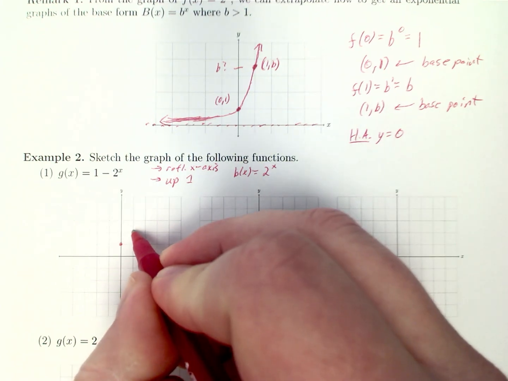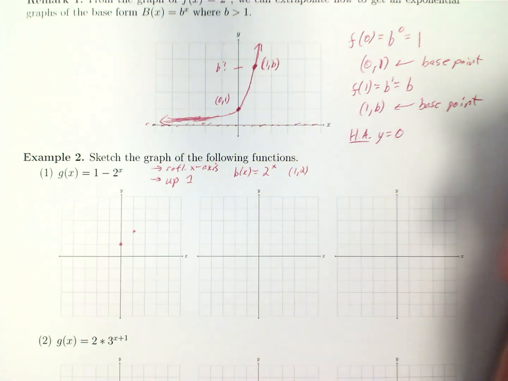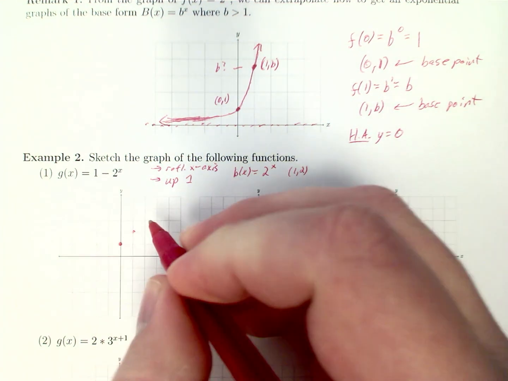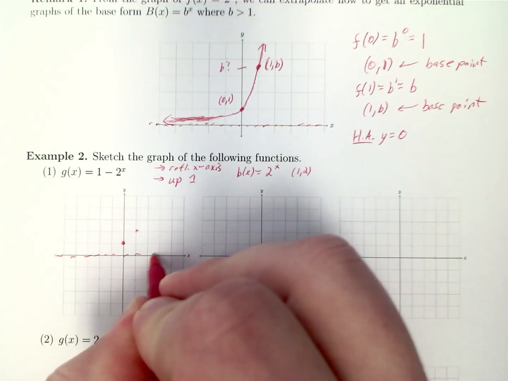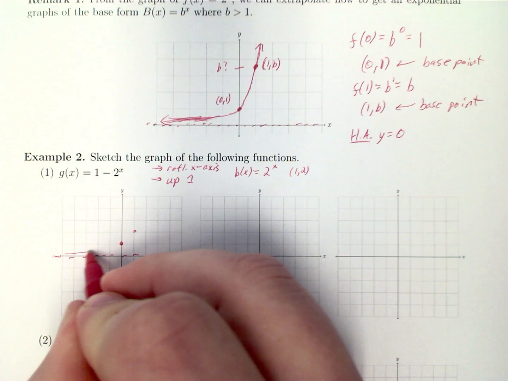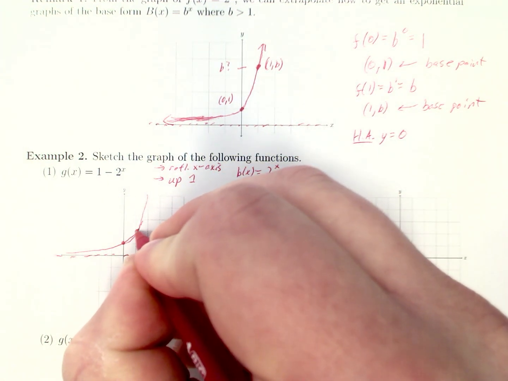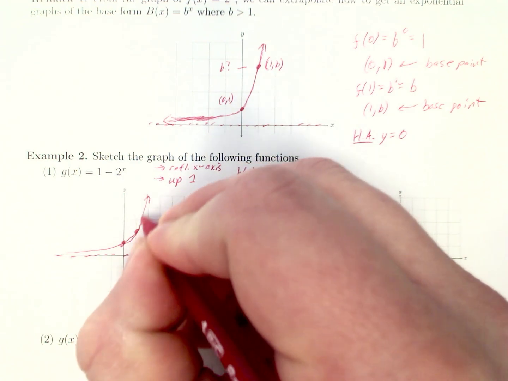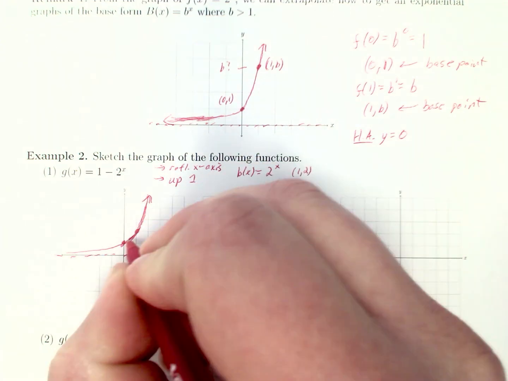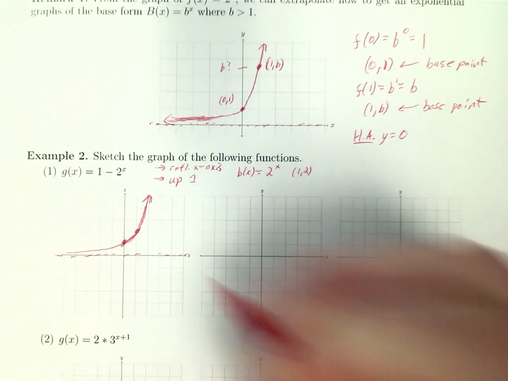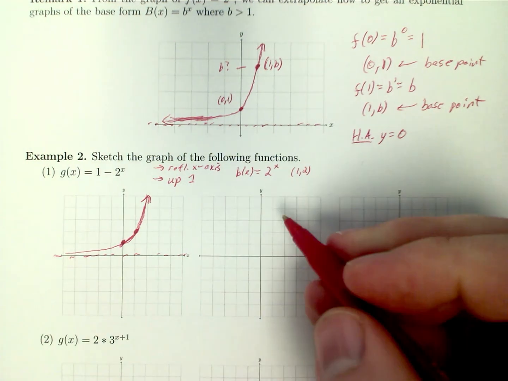We just need 2 points: 0, 1, which is for all of them, and our other base point is 1, 2. We have the horizontal asymptote, which looks something like this. Again, we always do shifts last, so we're going to do the reflection first.